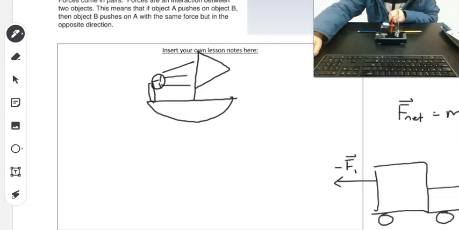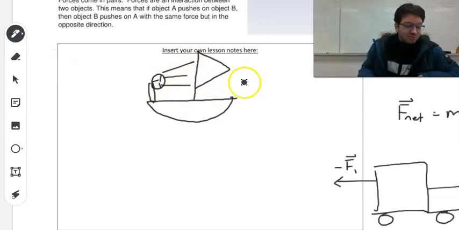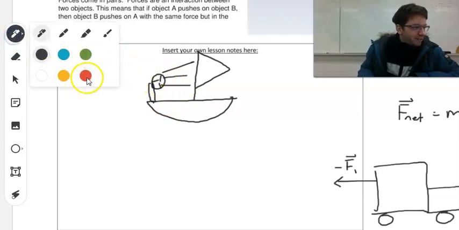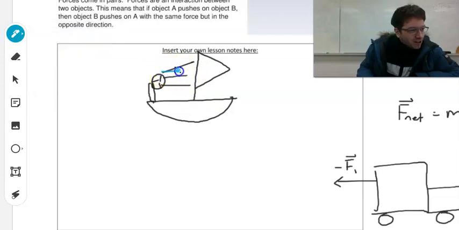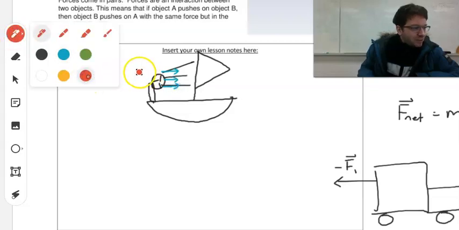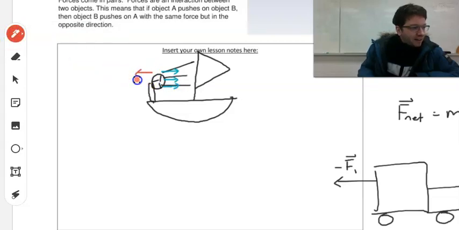Can anyone guess why? Alright, so if we're looking at the sailboat, same idea as the fan cart. Let's look at the fan. So the fan first puts a force on the air. And therefore, the air puts a force back on the fan, equal and opposite. Okay?